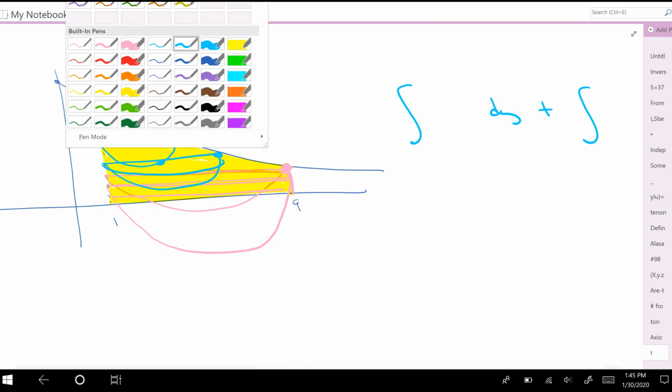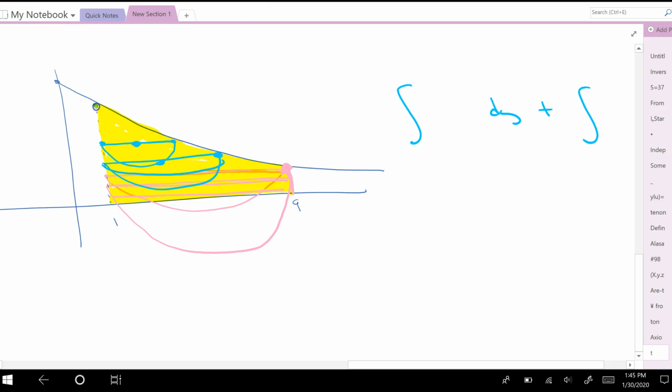It's defined by this curve, then I'll pan back to get what that curve is. But below this point, it's just defined by the vertical lines x equals 9 and x equals 1.